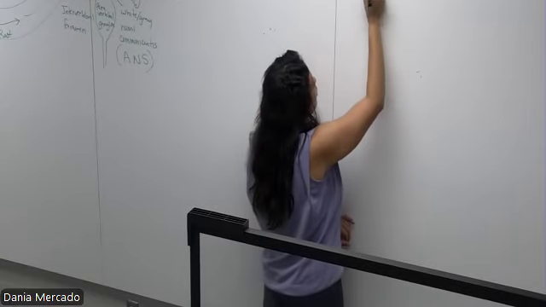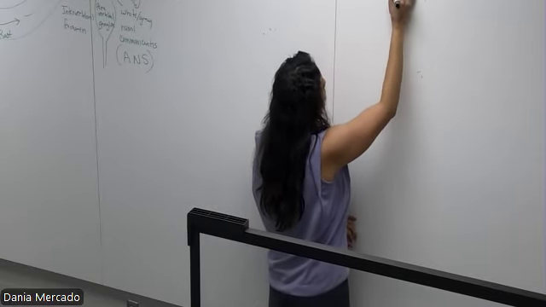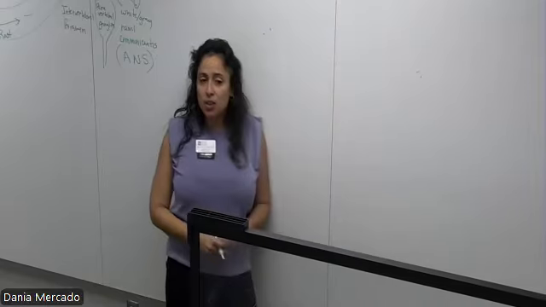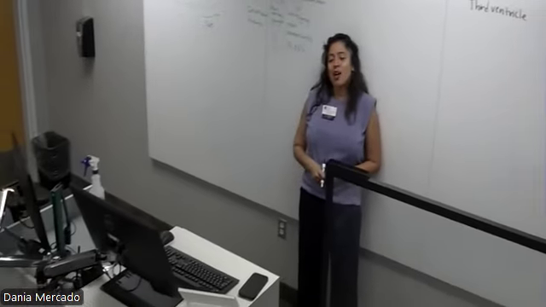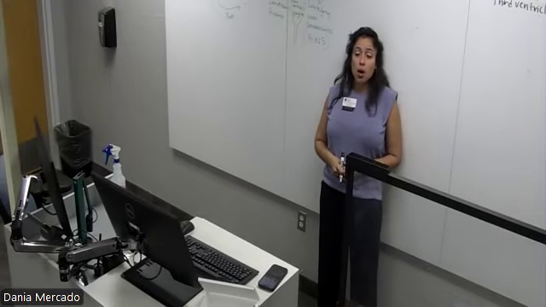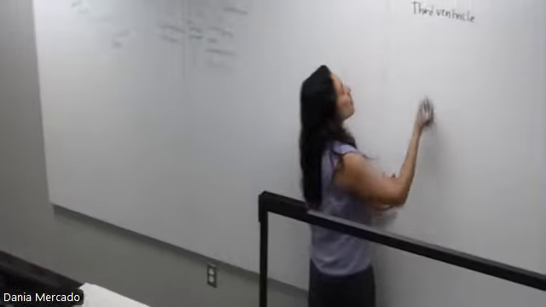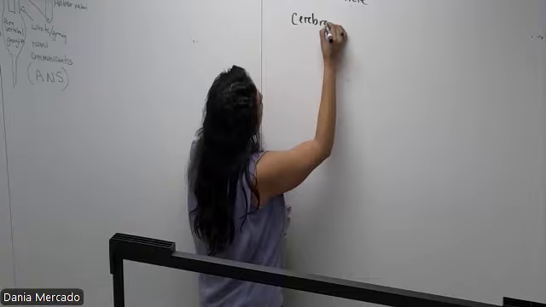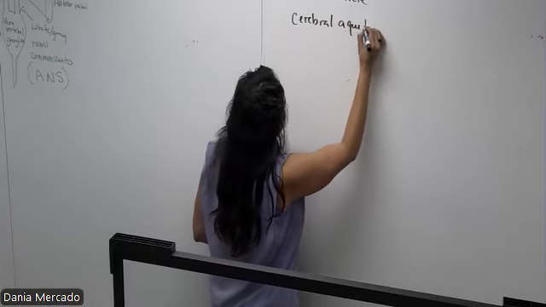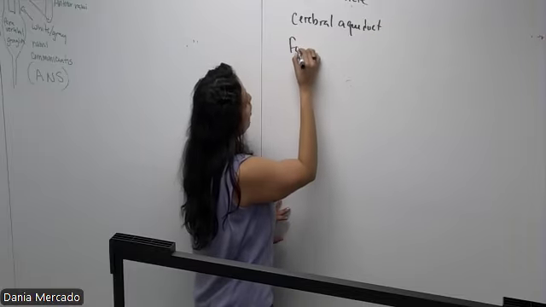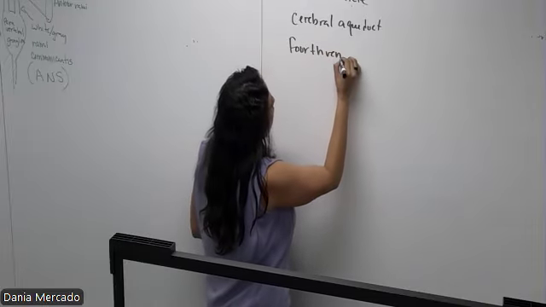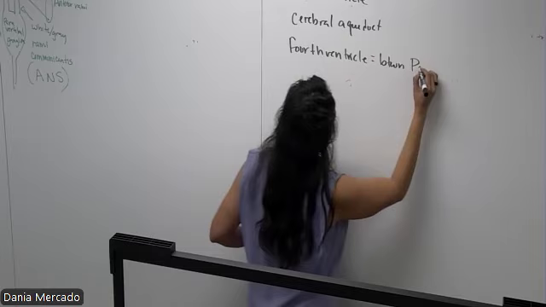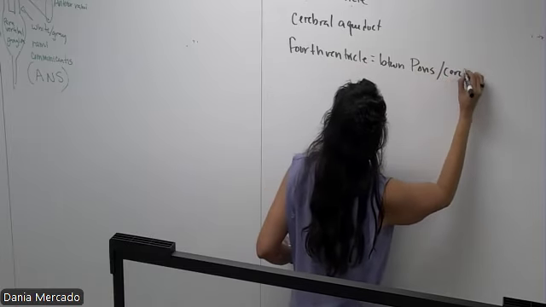They are connected to the third ventricle by the interventricular foramen, also known as the foramen of Monro. Okay, that third ventricle is going to be connected via the cerebral aqueduct to the 4th ventricle, and the 4th ventricle is located between the pons and the cerebellum.